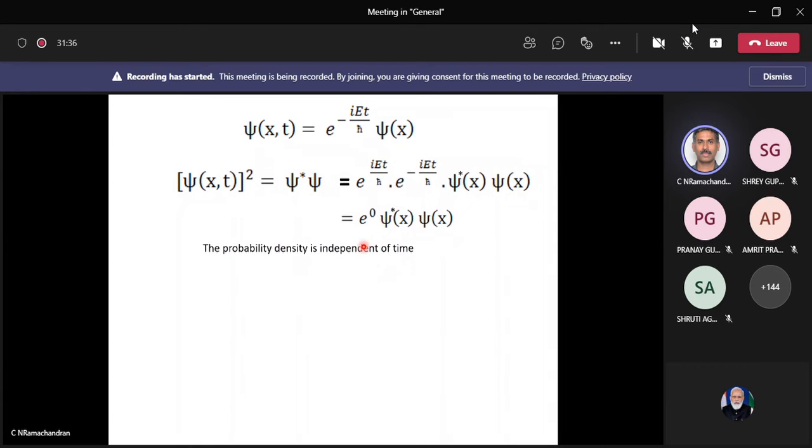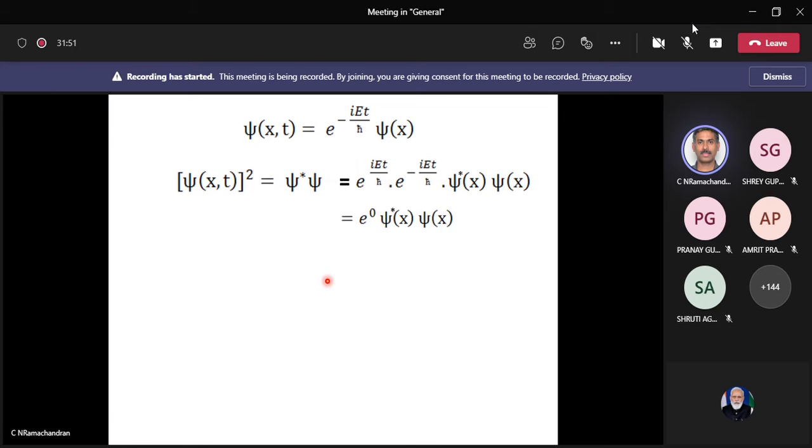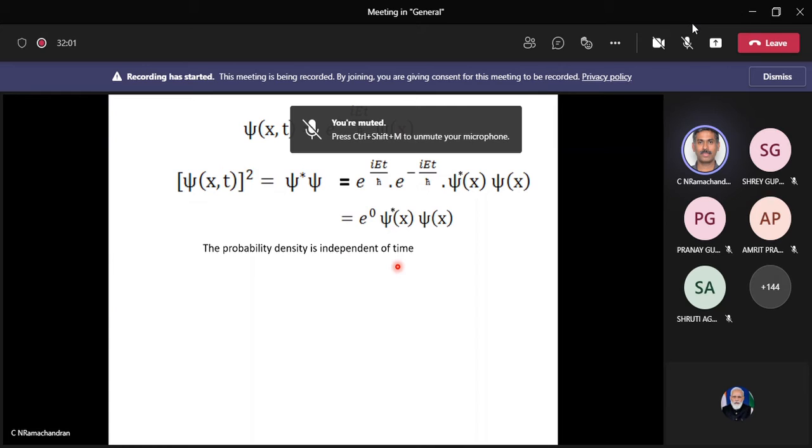So the probability density, you can see that psi of x,t, the wave function, is a function of time, but its square, if you take it, is independent of t. This is very important. The probability density is independent of time.